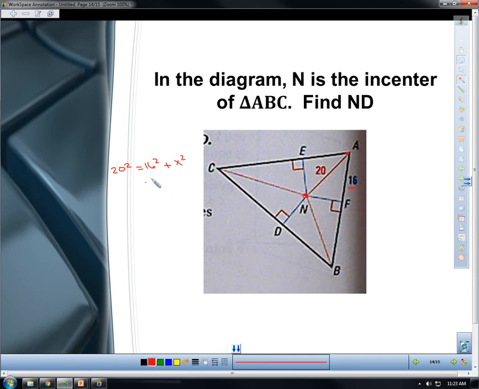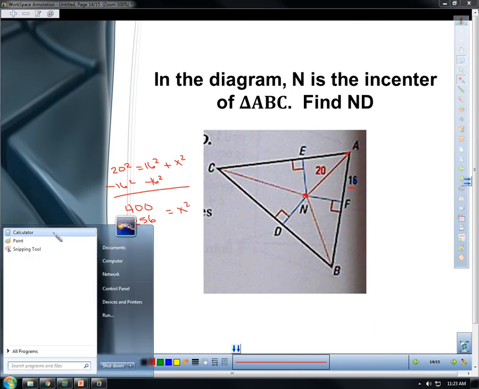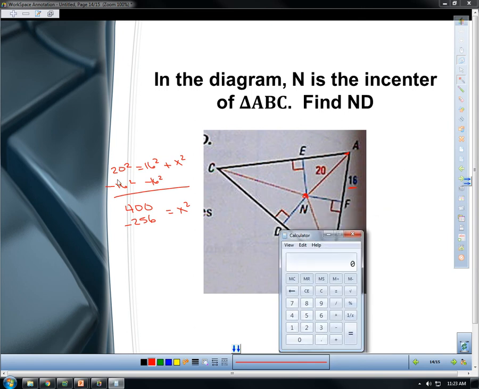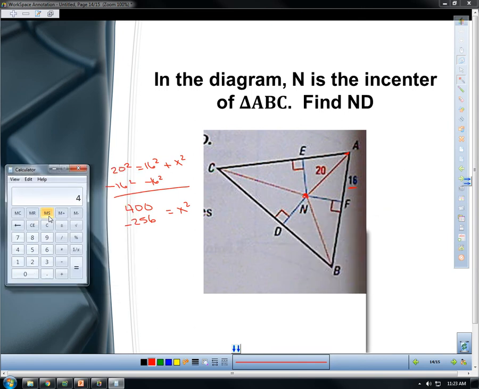Okay, so I subtract 16 squared. I believe this is 400 minus 256 equals x squared. I'm going to grab my little miniature calculator here. And do 400 minus, oops, not times, 256, and I get 144.